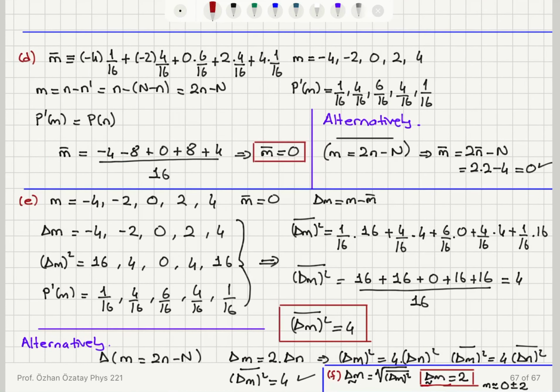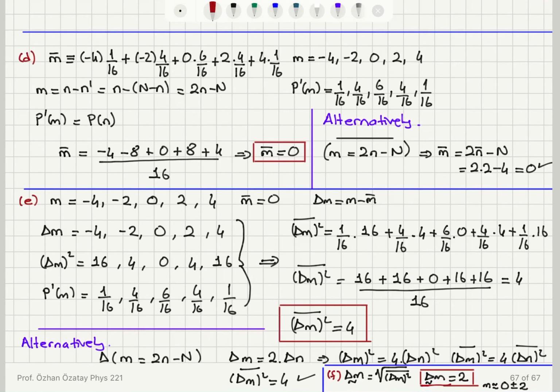And then we looked at m values, all possible m values and corresponding probabilities. Because of the relationship m is equal to 2n minus capital N, the probability distribution for m is the same as the probability distribution for n. So we have the same probability values for these outcomes. And we calculated the average value of m by multiplying the possible values of m with the corresponding probabilities to get 0.